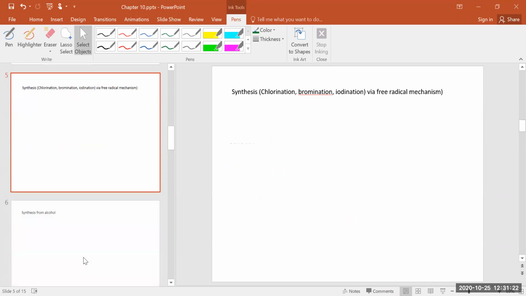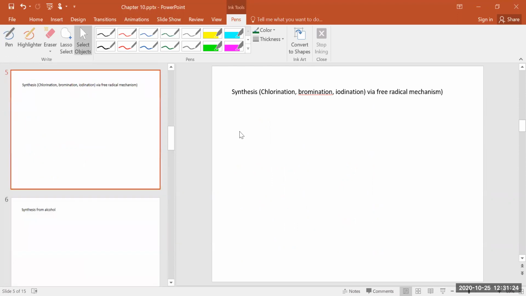Next is the synthesis. Let's talk about how we make a carbon-halogen compound.